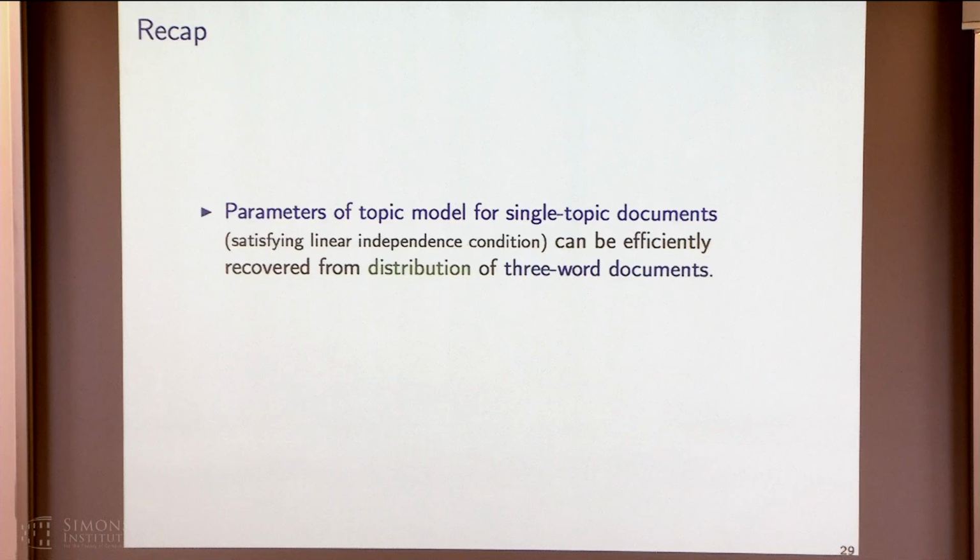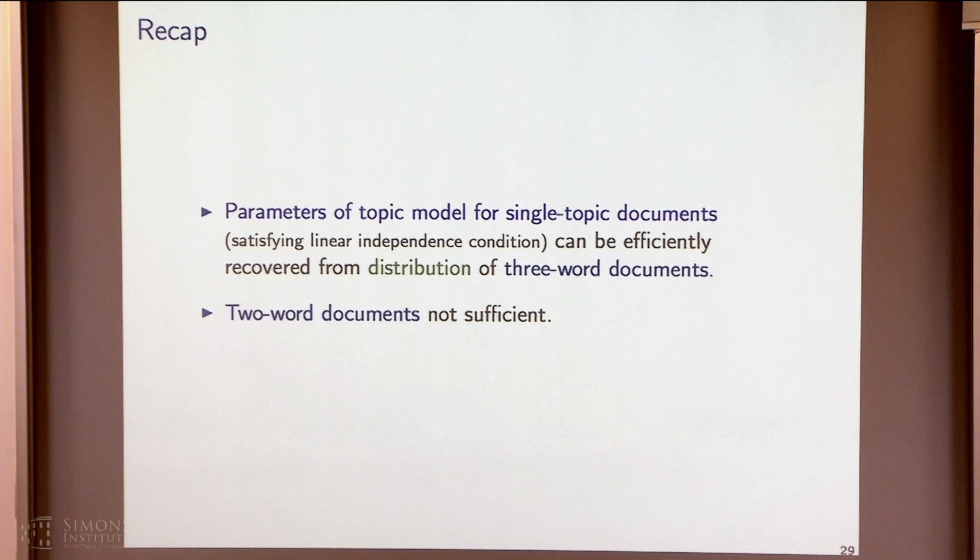Okay, so just to recap, for this very simple latent variable model, this very simple topic model, it's just a mixture of multinomial distributions. The parameters are identifiable, as long as the parameters satisfy these linear independence conditions. They can be recovered just from the distribution on 3-word documents.